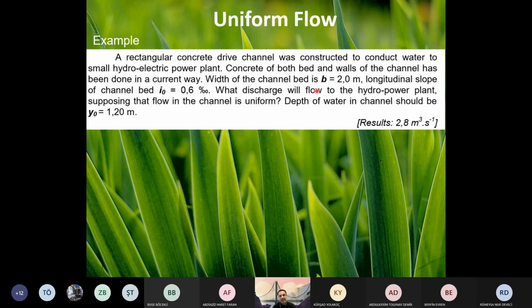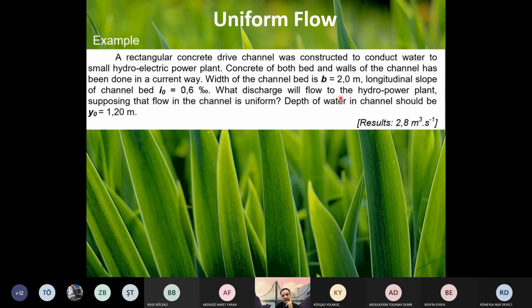With the channel bed width B equals 2 meters. You remember bed width, channel bed or bottom width equals 2 meters. Longitudinal slope of the channel bed I equals 0.6%. We set S0, for example. In our book, we write slope with S0, given as 0.6%.